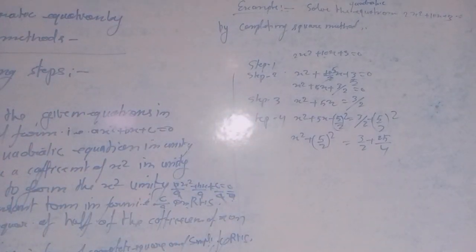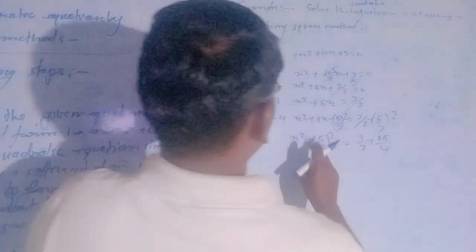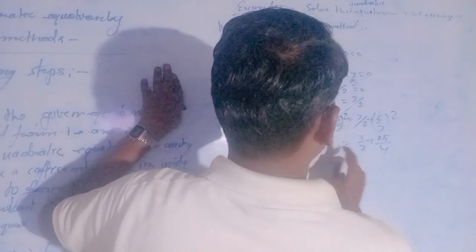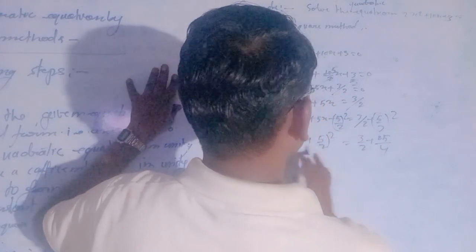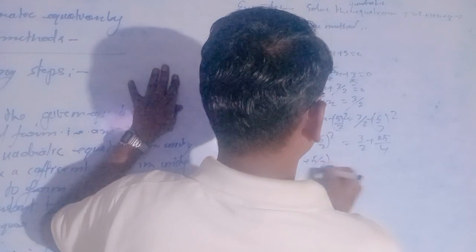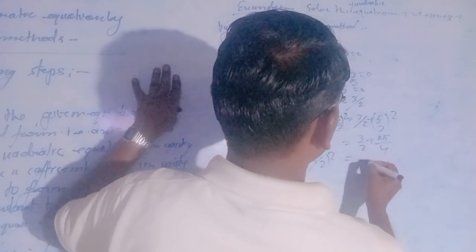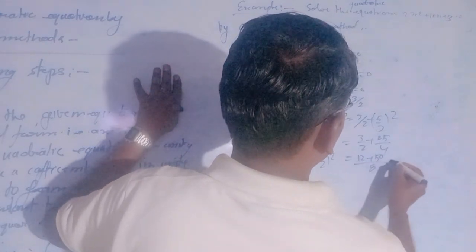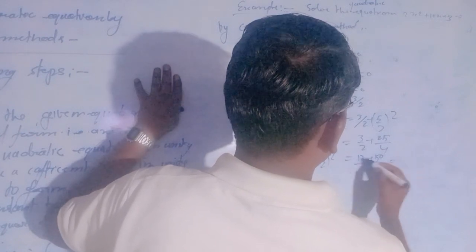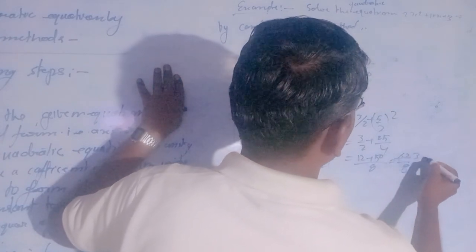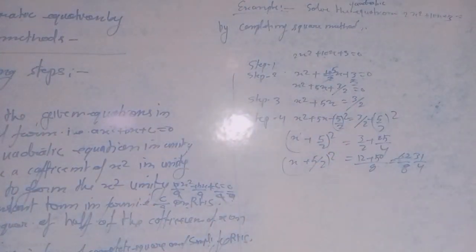So x plus 5 by 2 whole square is equal to, this becomes 12 plus 50 by 8, which is 62 by 8. If we divide, we get 31 by 4.